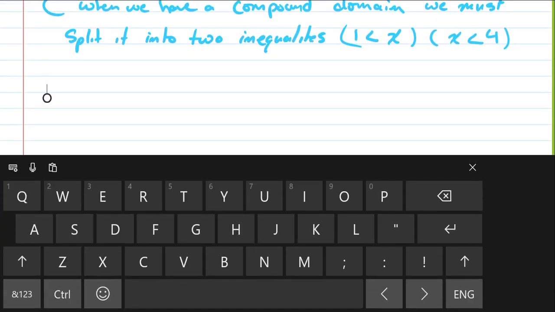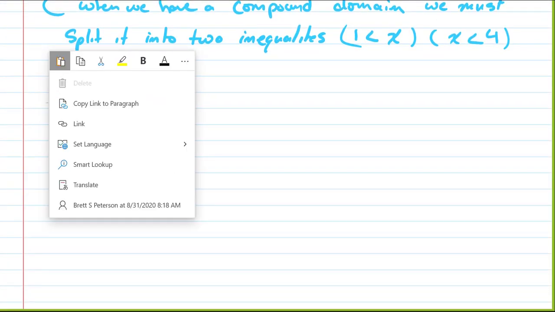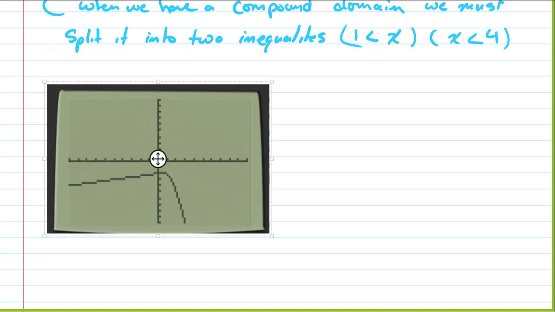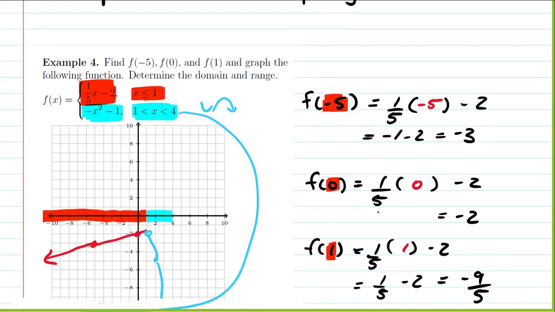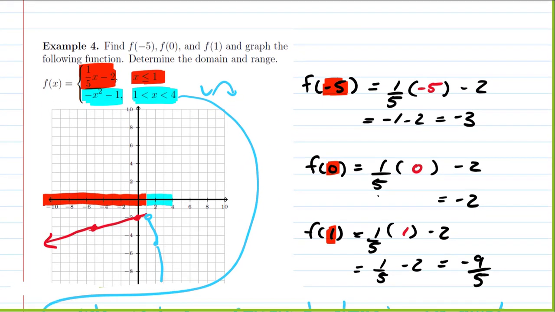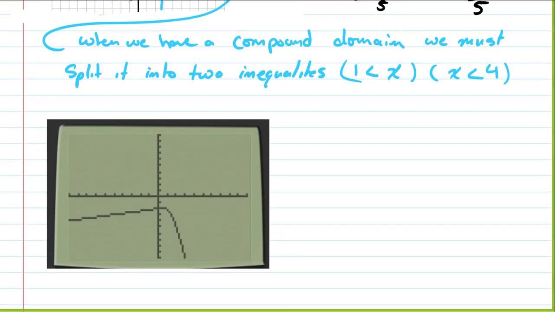Our domain we don't so much need the picture of, because our domains are actually given in the function itself, right? So if we look up at our function, it says x is less than 1 and x goes from 1 to 4. So our domain is going to be from -infinity to +4, not included.